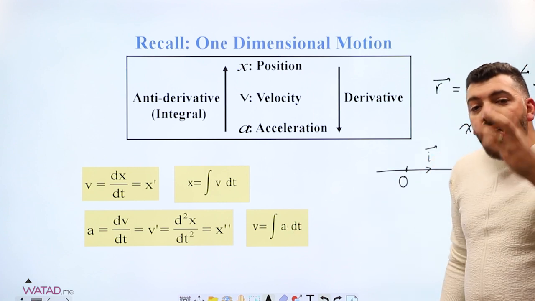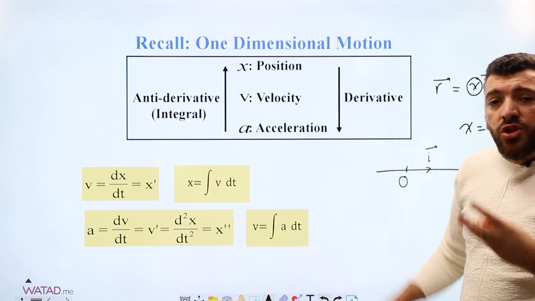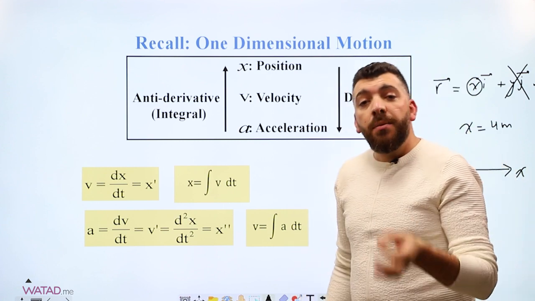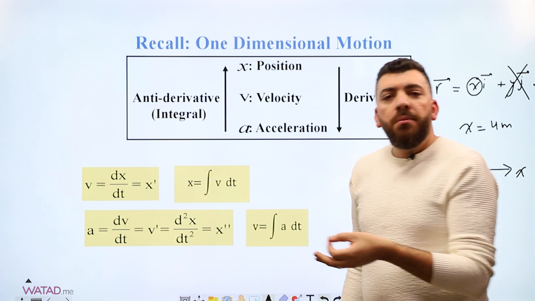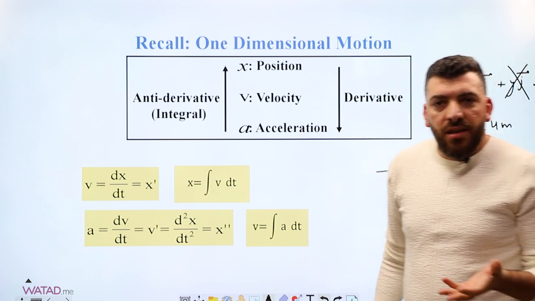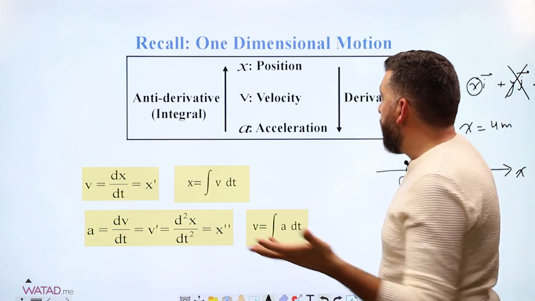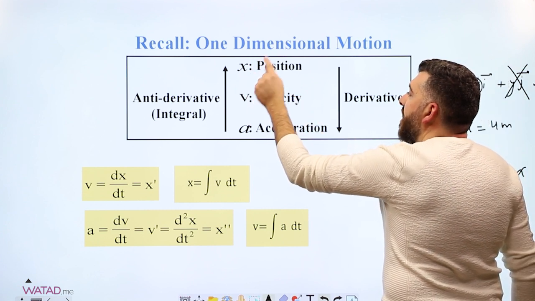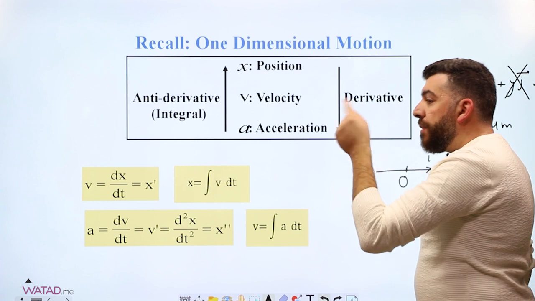So we use plus or minus. When we have one-dimensional motion, it's enough to use plus or minus to describe the direction, and the number itself is the magnitude of this quantity. So the position here is a vector quantity. It's not a scalar quantity. It can be plus or minus.